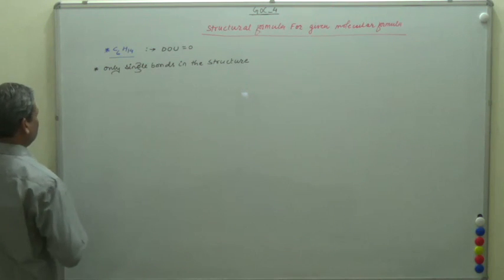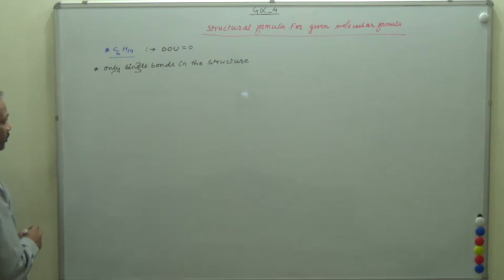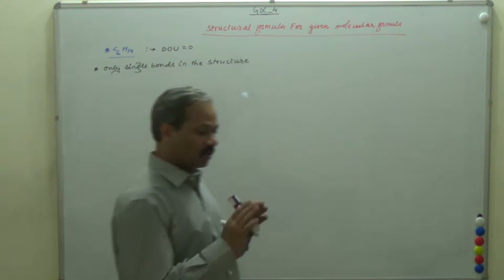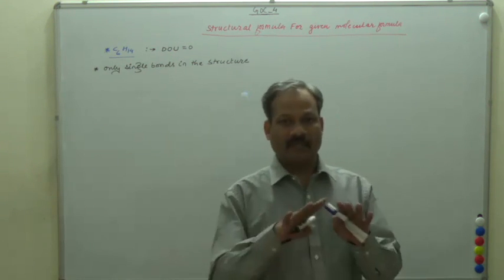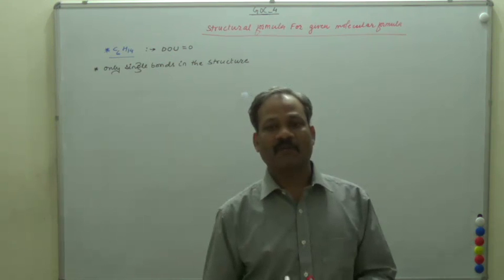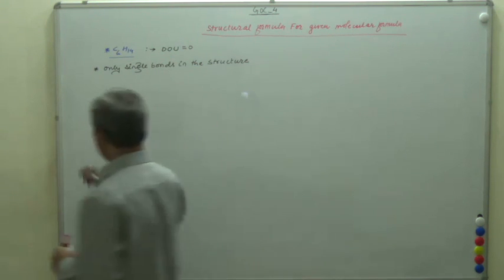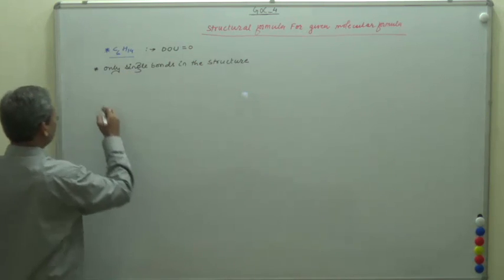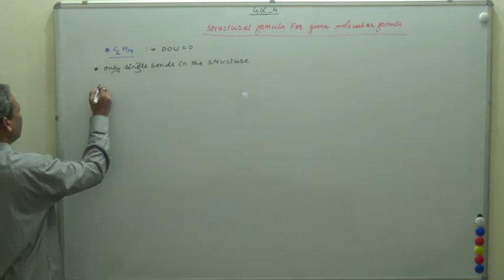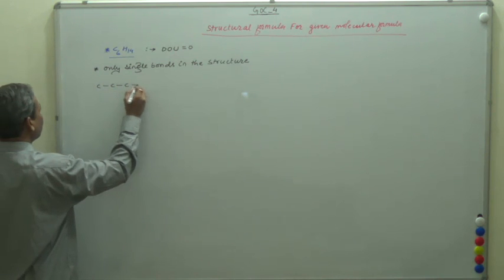So now we have to draw all possible structural formulas. Always start with the longest possible chain of carbon atoms. So here there are a total of 6 carbon atoms. So the first structure can have a longest chain of 6 carbon atoms.